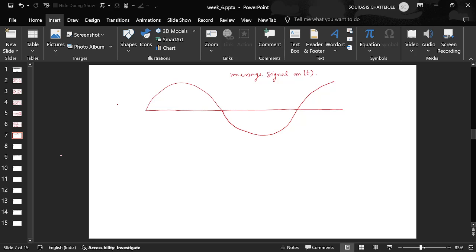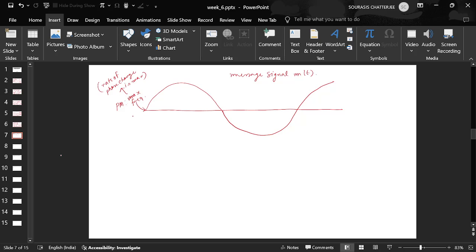When you talk about phase modulation, the instantaneous frequency is going to be maximum when the rate of change of phase is maximum, right? And the rate of change of phase is maximum here. So for the phase modulated signal, this is the position of maximum frequency, because the rate of phase change is maximum here.